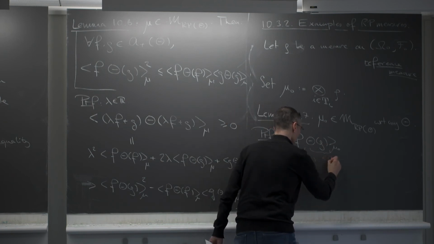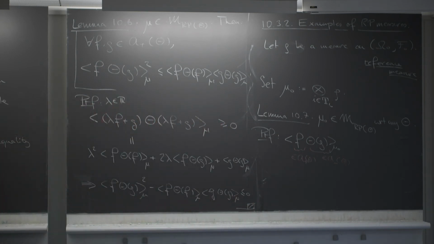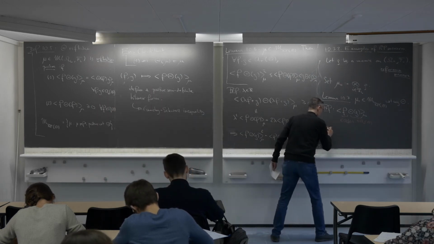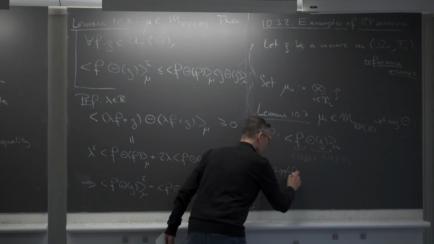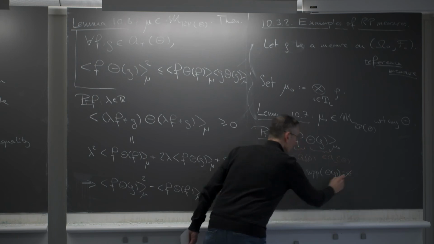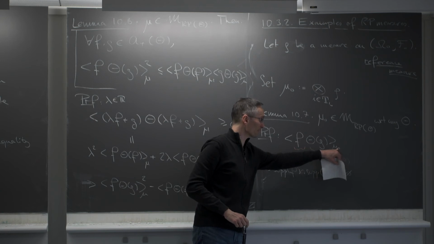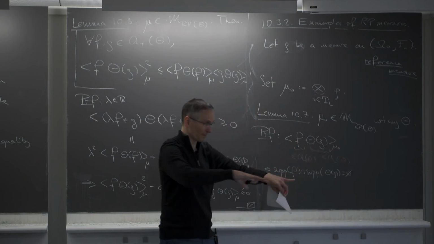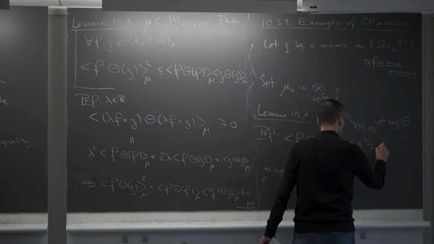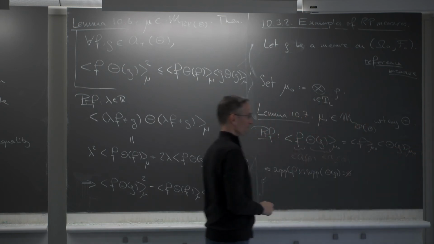So the support of the function f and the support of the function theta g are disjoint, which implies that the intersection of their supports is empty. But this is a product measure, so if I take the expected value with respect to a product measure of the product of two functions which have disjoint support, this factorizes. So that's just mu 0 of f times mu 0 of theta g.